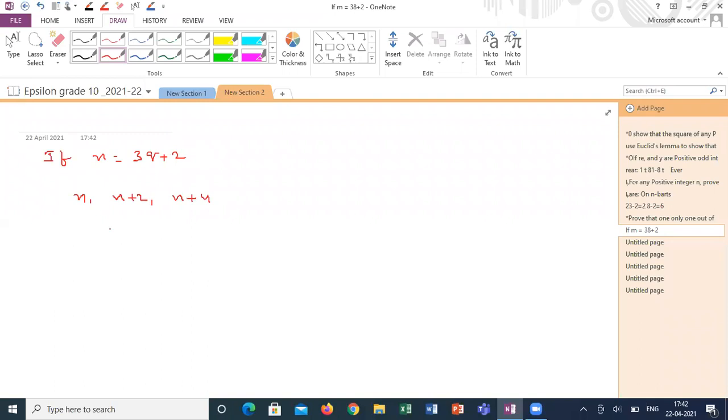When n is equal to 3q plus 2 and we divide by 3, it leaves a remainder 2.